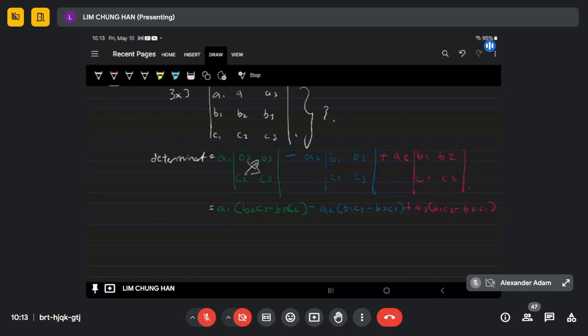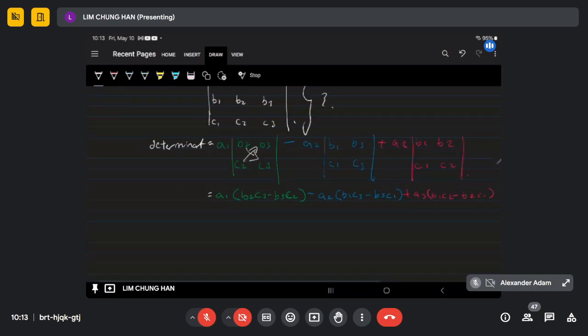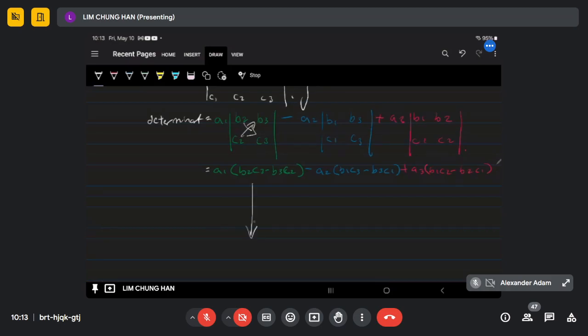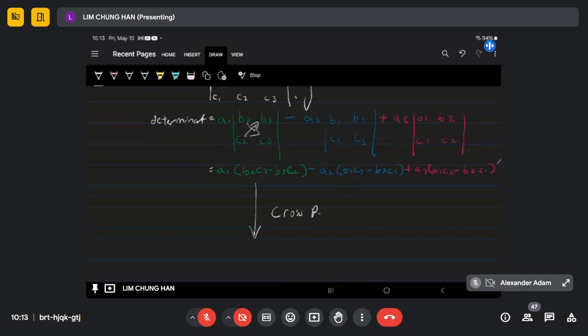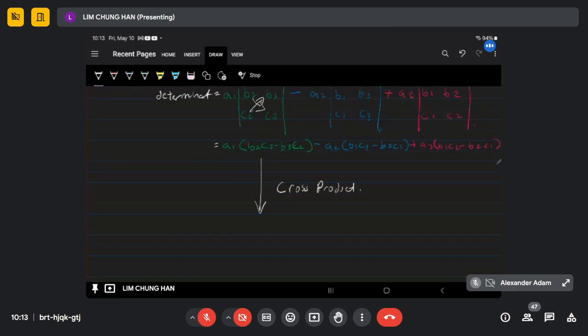Okay, so now that you understand this, we are going to apply this to our cross product, because that was just a matrix. We have to apply this matrix to our vectors.